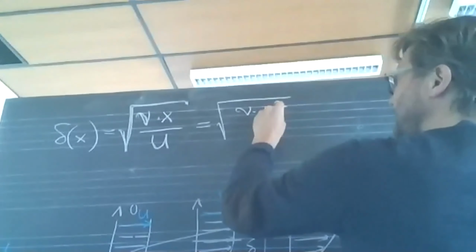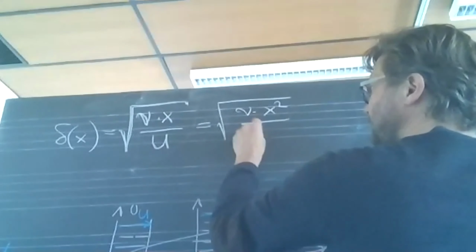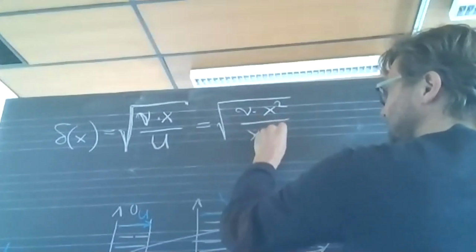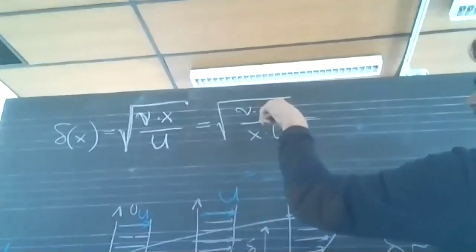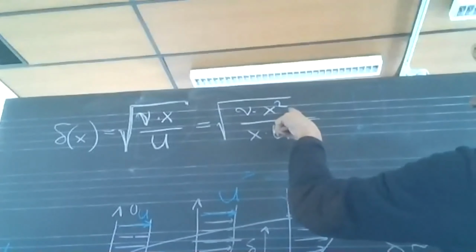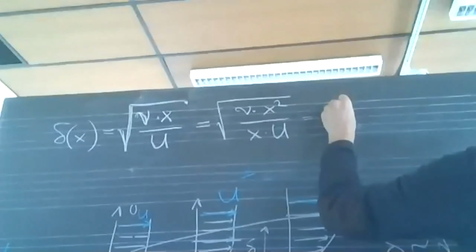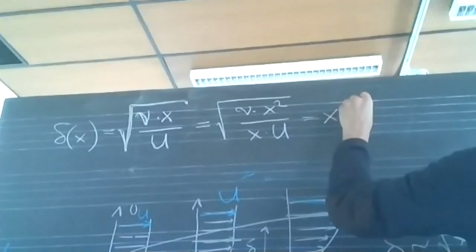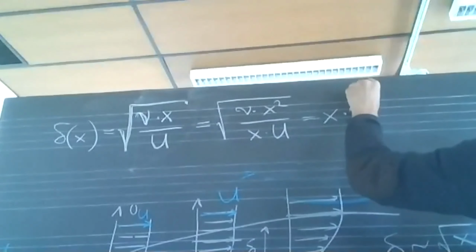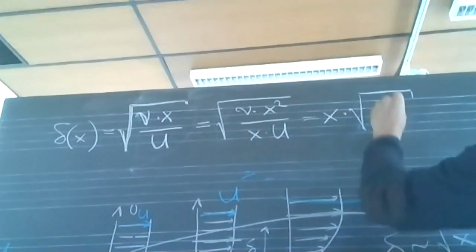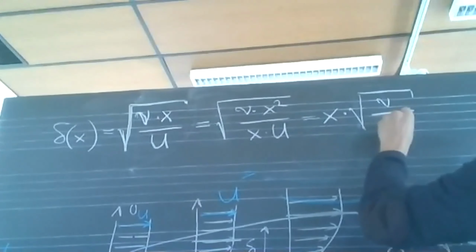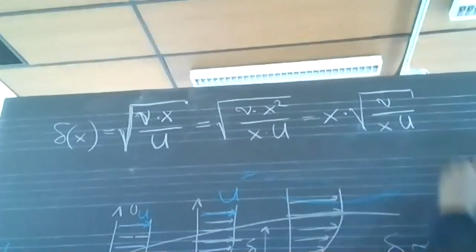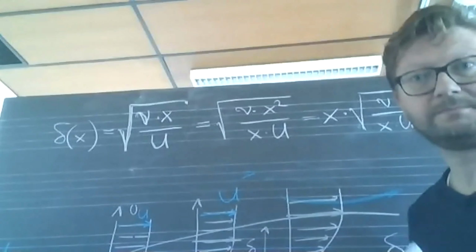So we put an x squared here, and we put an x in the denominator as well. And then we pull the x squared out of the square root, and we get x times the square root of nu divided by x times U. Okay?